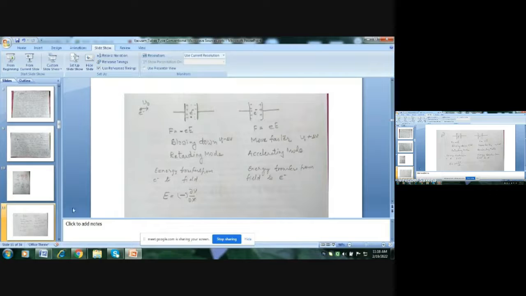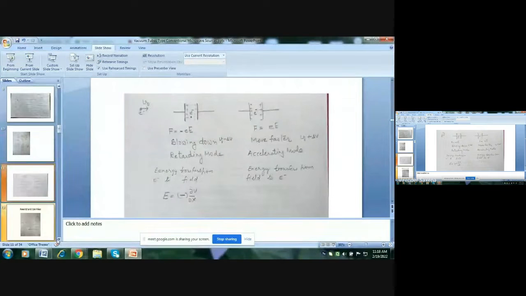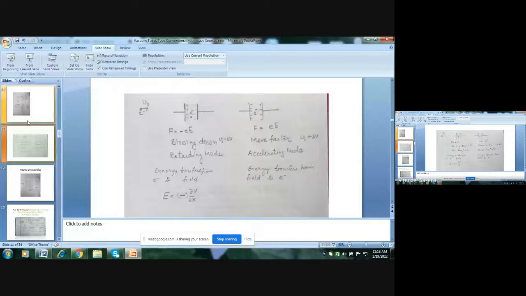So this is the basic interaction of electron in the cavity.